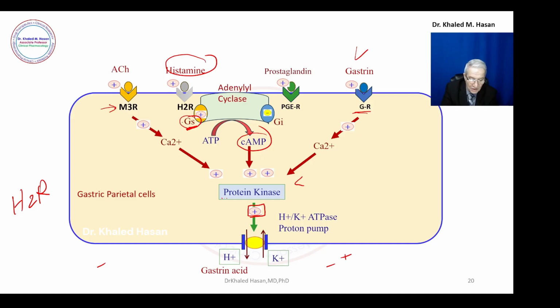Enhanced cyclic AMP will activate protein kinase, and when the protein kinase is activated, this will lead to stimulation of the proton pump and release of hydrogen. Now we can understand how histamine releases acid in the stomach: by activating GS protein, increasing the level of cyclic AMP, and activating protein kinase.